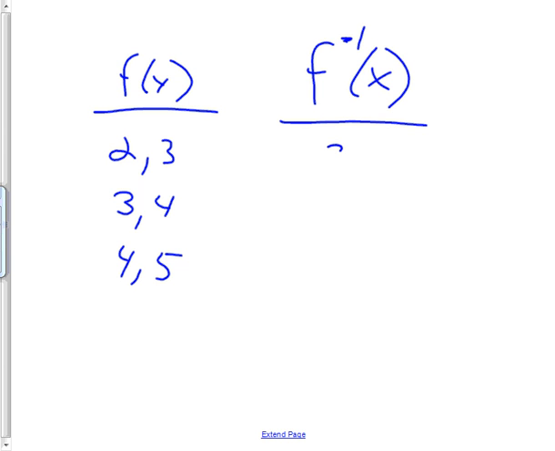Would be (3, 2), (4, 3), and (5, 4). You see what happened there? Basically, all of the x's switched with the y's, and all the y's switched with the x's. That's what happens when you have an inverse. So (2, 3) becomes (3, 2), etc.